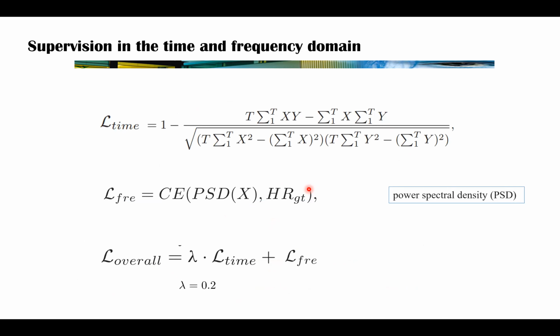Besides that, we also consider supervision in both the time domain and the frequency domain. In the time domain, we adopt the negative Pearson correlation loss to force the predicted rPPG signal X to have a similar trend with the ground truth BVP signal Y. And we also consider the frequency domain.